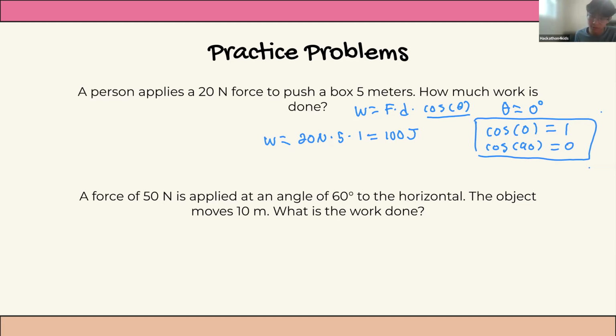Let's move on to the second question, right? A force of 50 newtons is applied at an angle of 60 degrees to the horizontal. The object moves 10 meters. What is the work done?